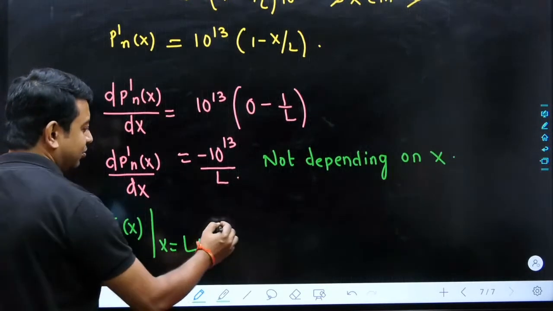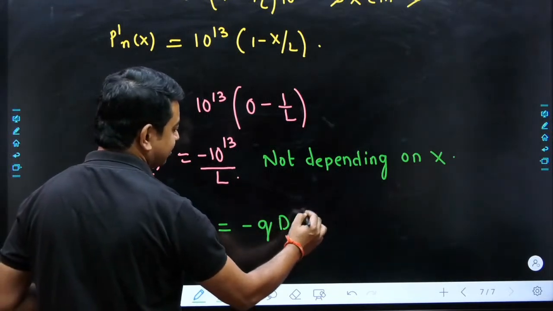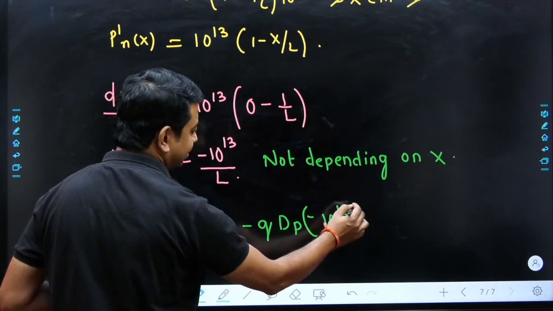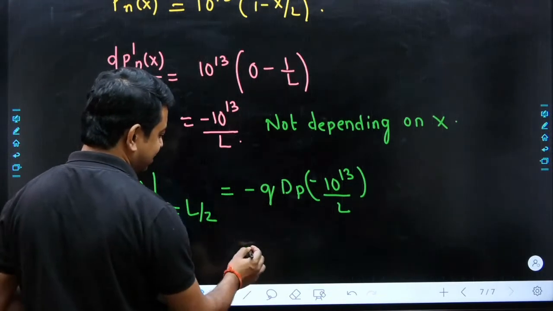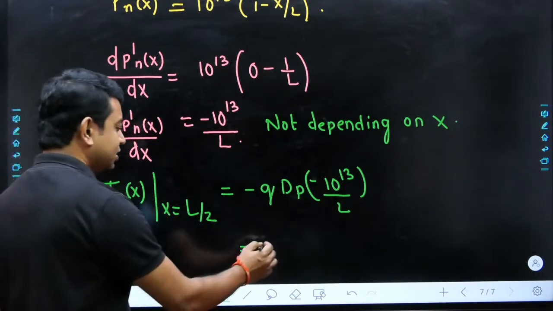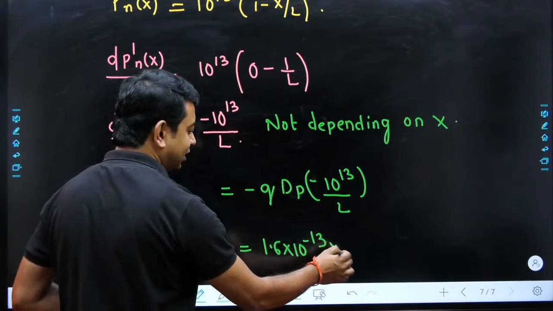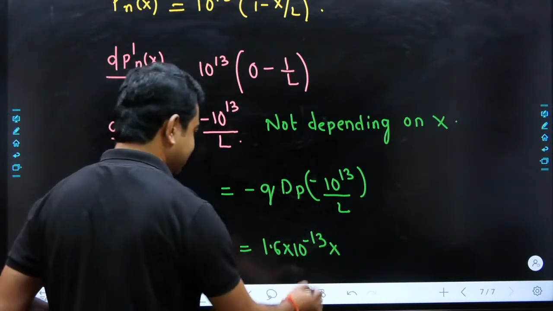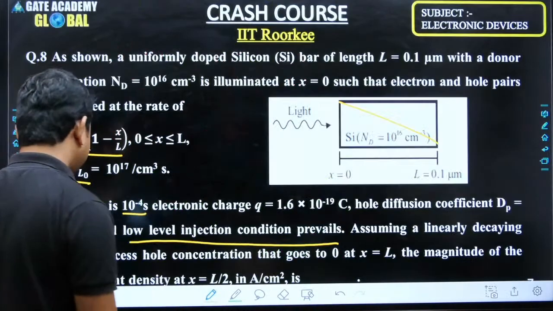So here we can write this as minus q into Dp, and this is minus 10^13 divided by the distance L. This is the constant distance, and we are getting the overall value which will be positive. So this will be given by 1.6 into 10^-19, that is the charge of an electron.